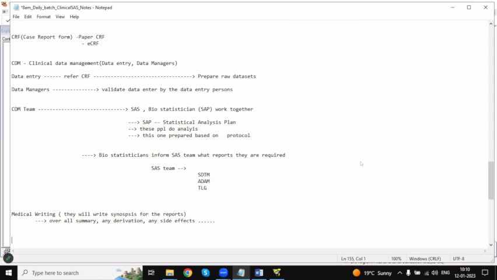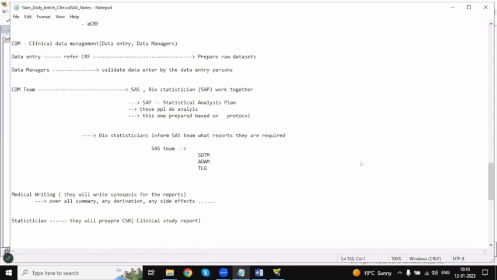Once the medical writing team has completed their synopsis, the final team will be the statisticians. These statisticians will prepare the final document, the CSR, clinical study report.